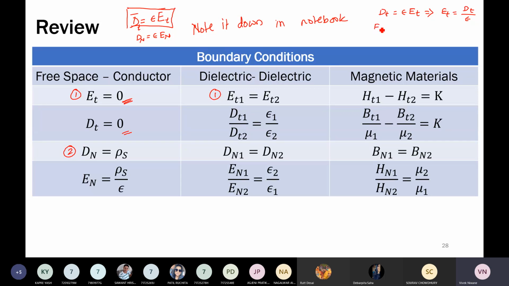So I can say that Et1 is equal to Dt1 upon epsilon 1 and Et2 is equal to Dt2 upon epsilon 2. Since Et1 is equal to Et2, Et1 upon Et2 is equal to 1. So put the value of Et1, that is Dt1 upon epsilon 1, and the value of Et2, that is Dt2 upon epsilon 2.